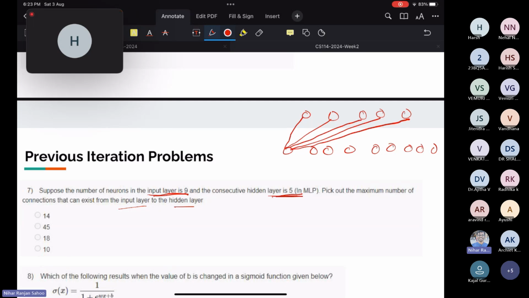This is not for only one neuron, but for every neuron. How many connections for one neuron in layer L minus 1? 5 connections, because there are 5 neurons in the Lth layer. And there are 9 neurons, so 9 into 5 equals 45. So 45 connections will be there.